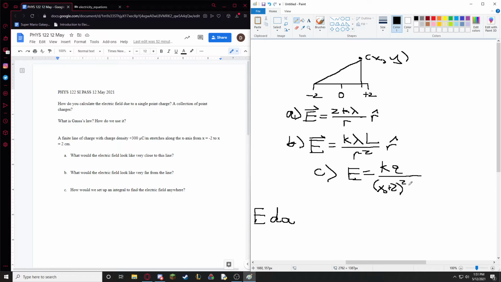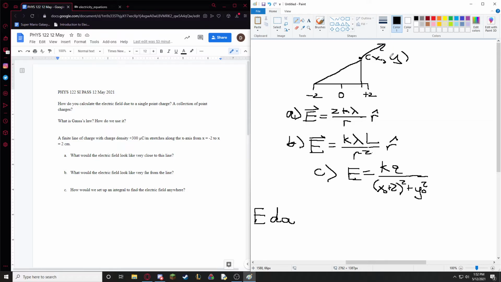X naught plus 2 squared plus Y naught squared, right? That's our electric field: E is equal to KQ over X naught plus 2 squared plus Y naught squared. And in what direction? Well, it's going to be in the R hat direction, right? In this direction.